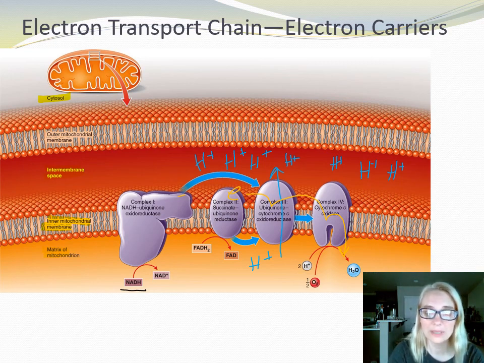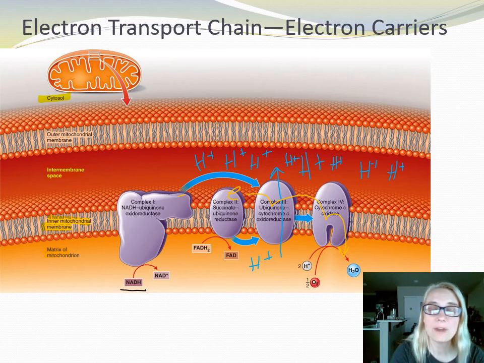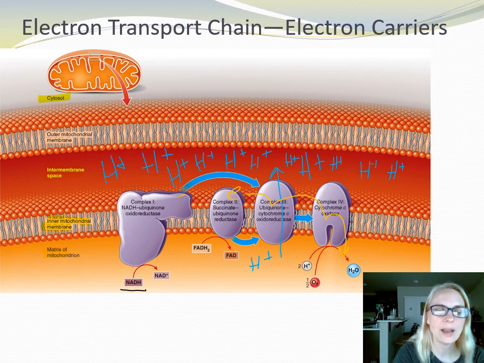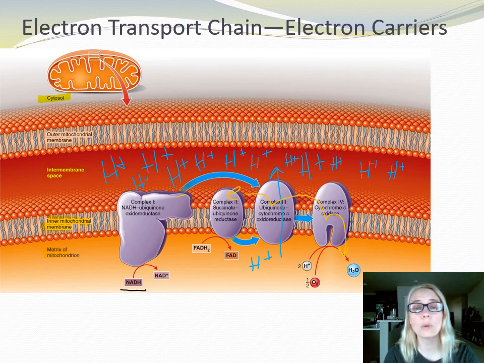So what we end up getting is a very high hydrogen ion, or proton, gradient. We have a whole bunch of protons hanging out in this inner membrane space. I love this because it's tying everything in. If you remember back to chapter 7, when we were talking about exergonic reactions, diffusion is an example of an exergonic reaction.